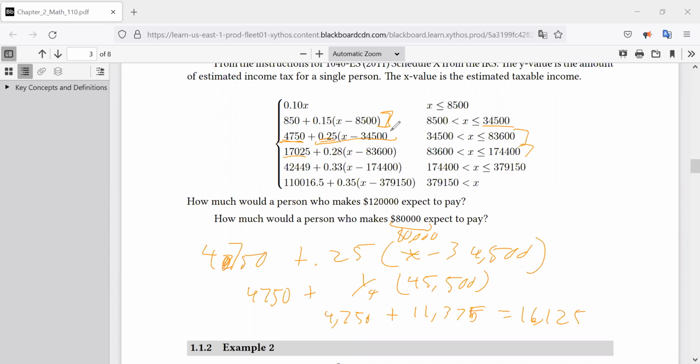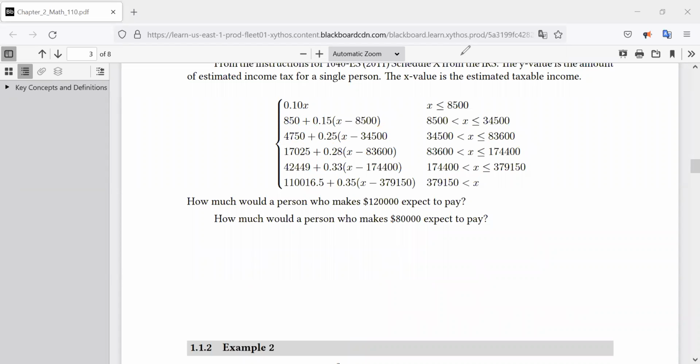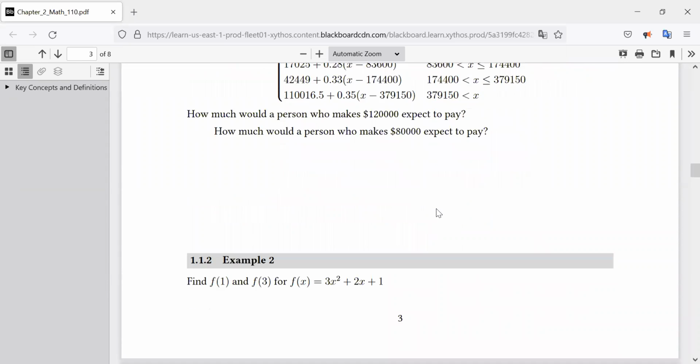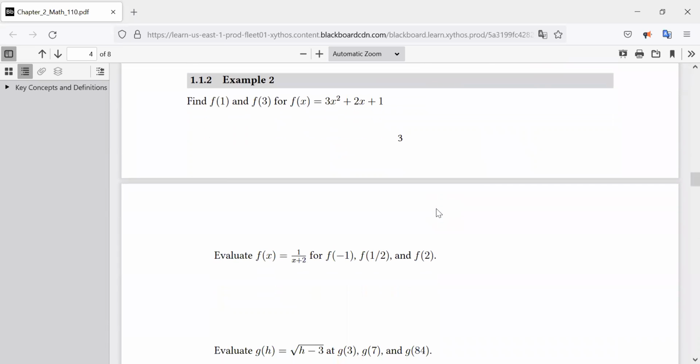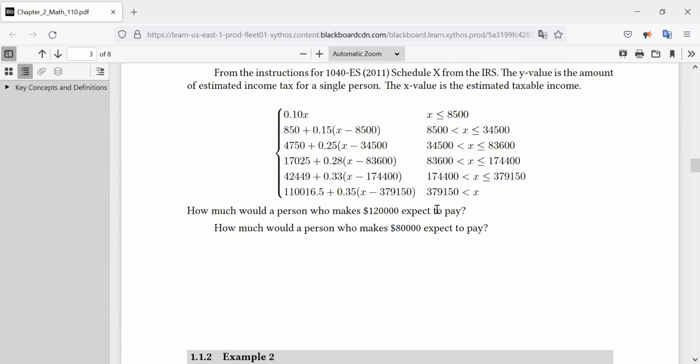And this is how much you would pay if you had done 83,600, and then you're paying 28% on whatever's left over after that until again you hit the next tax bracket. So that's also before you do any deductions; the x would be however much you make after any deductions that you have.